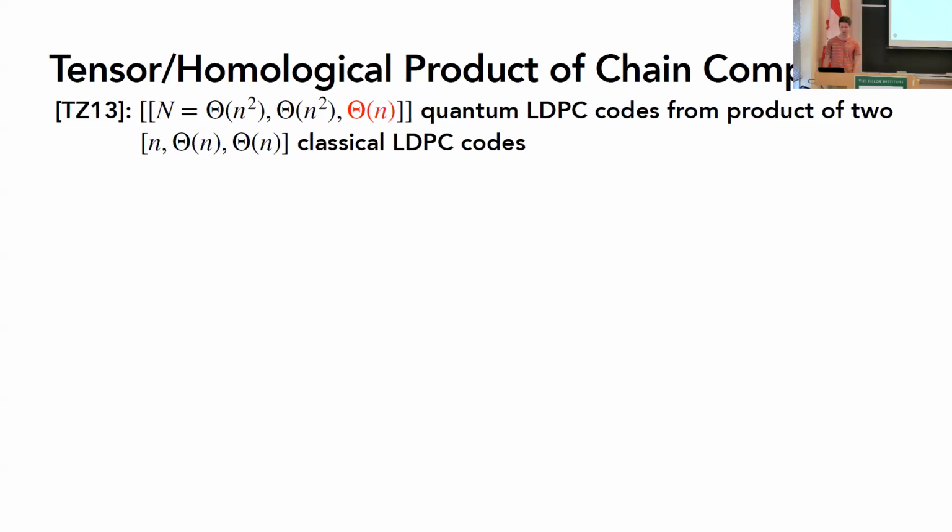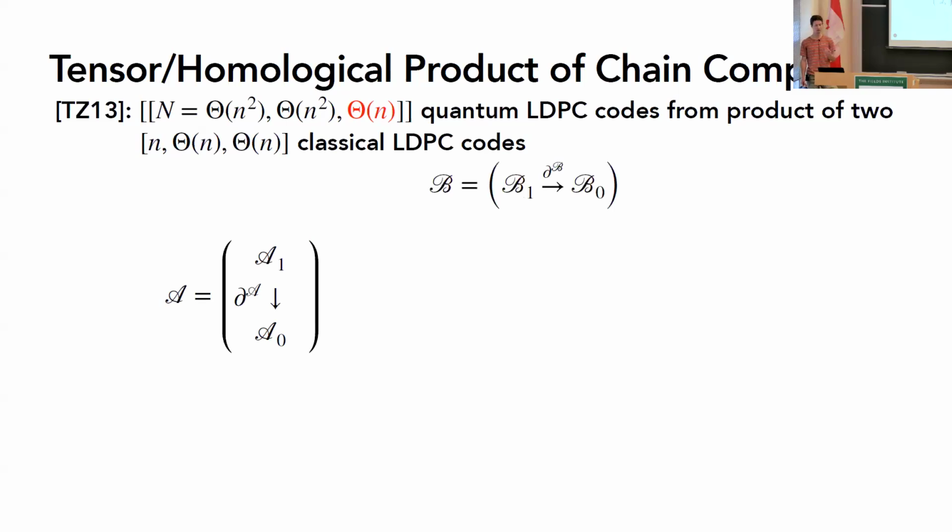Maybe the first time this was systematically done was by Tillich and Zémor in 2013, the result I mentioned at the start, where they constructed these quantum codes with linear dimension, but square root of n distance, by taking the product of two classical LDPC codes. The way they take this product is they take the chain complexes associated to two classical LDPC codes.